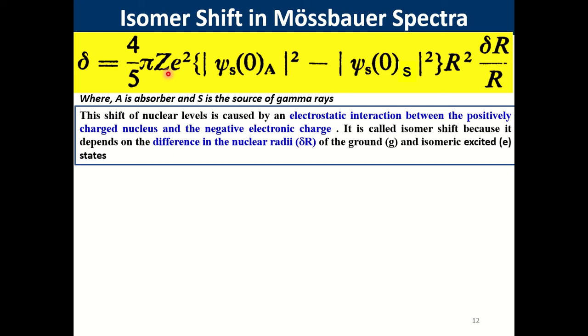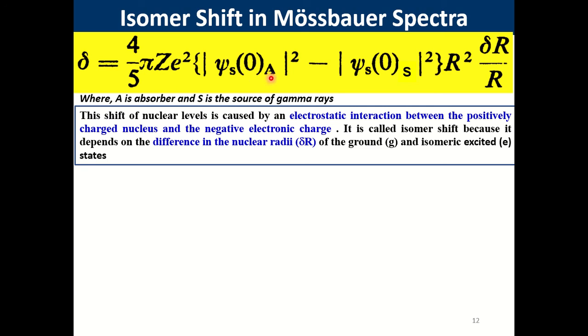Z is the number of protons in the nucleus, E is the electronic charge, and this R here is the radius of the nucleus, and delta R by R is the change in the radii when we are comparing the nucleus in the excited state and the nucleus in the ground state. That change is given by delta R, so excited minus ground state. So the radius change is delta R.